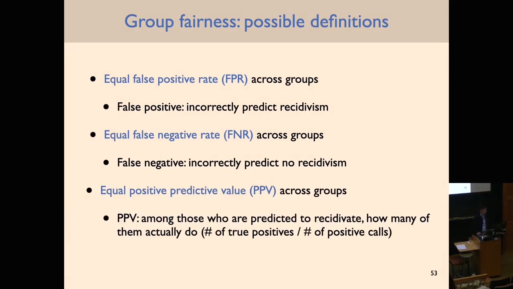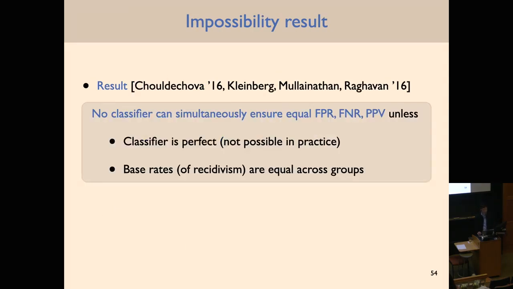Yet another possibility is equal positive predictive value, PPV, across groups. This is related to the false positive and false negative rates. PPV is, among those who are predicted to recidivate, how many of them actually do. So it's the number of true positives divided by the number of total positive calls. I guess the details are not super important. What I want to convince you is that these three are all pretty reasonable definitions of fairness.